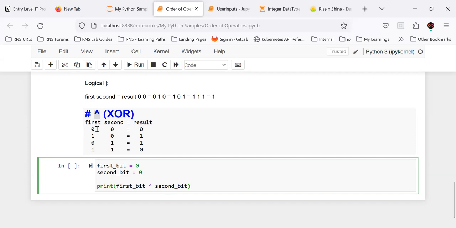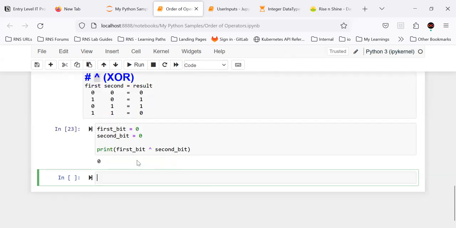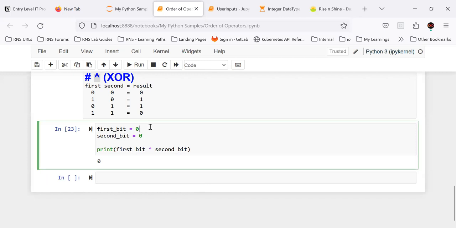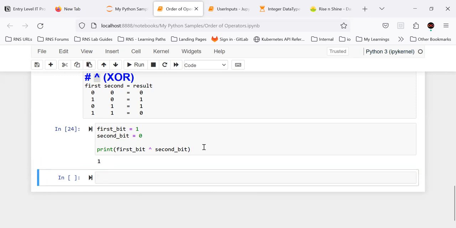What I have shown, both are 0, then we are expecting 0. If one of the bits is 1, then what is the value? It is going to return 1.